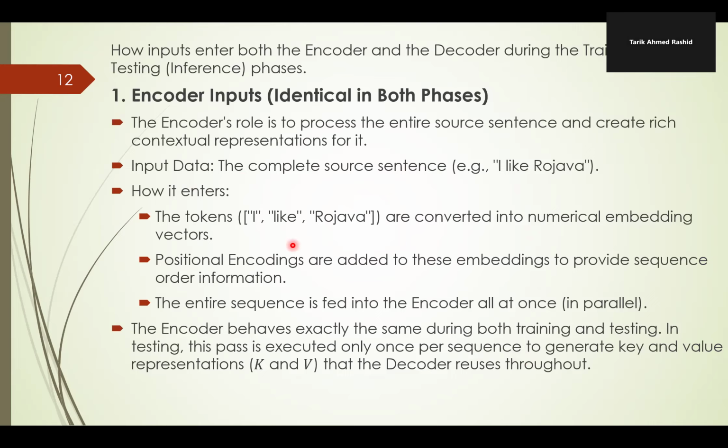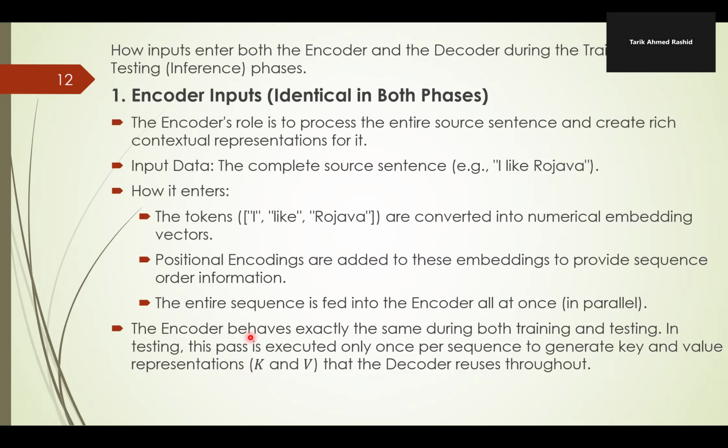Positional encodings are added to these embeddings to provide sequence order information. The entire sequence is fed into the encoder all at once. So this is unlike recurrent neural networks, unlike LSTM: the whole sentence is fed to the encoder, and we will get K values and V values, two matrices. So the encoder behaves exactly the same during both training and testing.